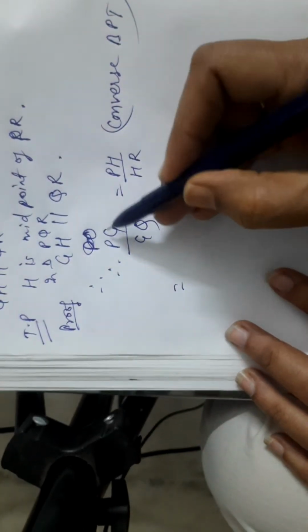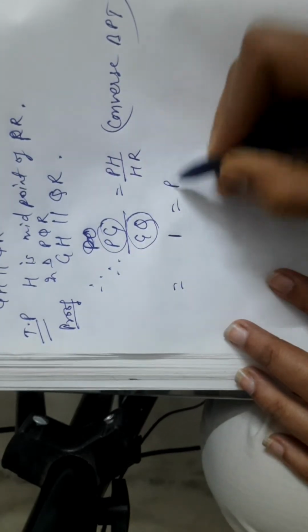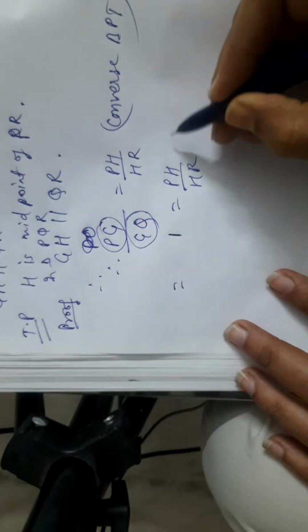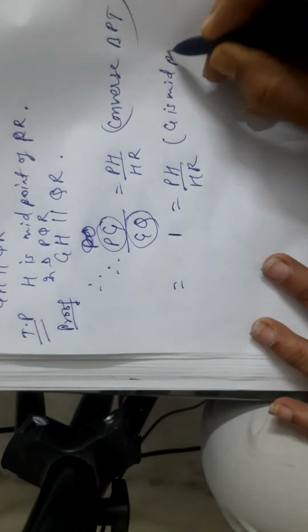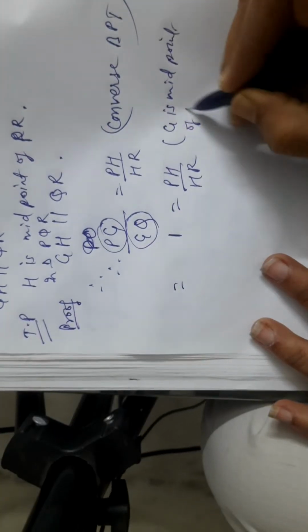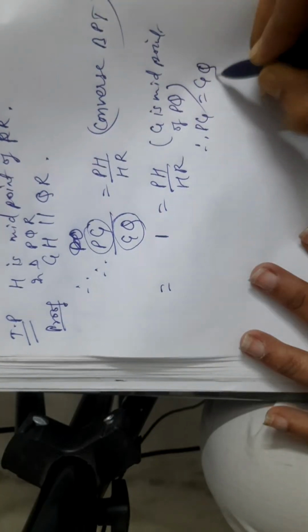Now it was given that G is the midpoint. So as G is the midpoint, we can replace it with 1. Here you need to write the condition. It's given that G is the midpoint of PQ. Therefore, PG is equal to GQ.